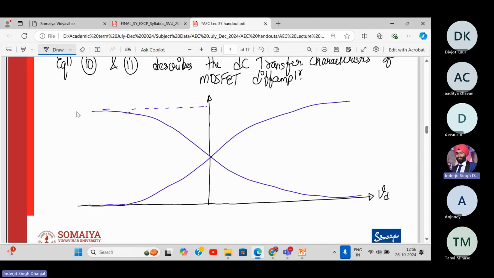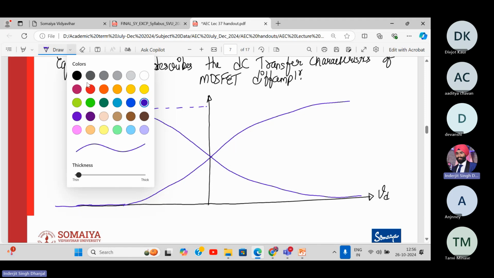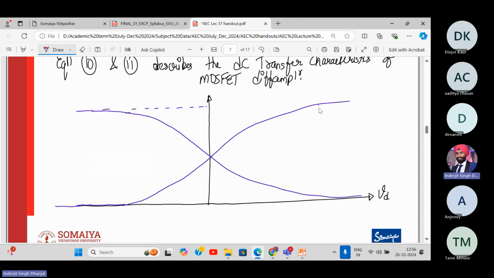This is how the graph will be, symmetric across this point and this point. This curve will represent ID1 divided by IQ, and this curve will represent ID2 divided by IQ. Normalized currents, because we have divided current. So this will be just numbers, ID2 divided by IQ.